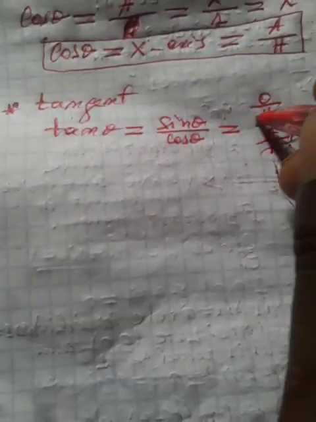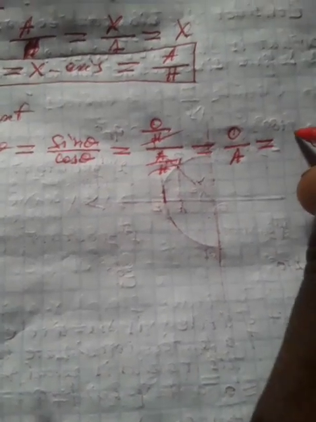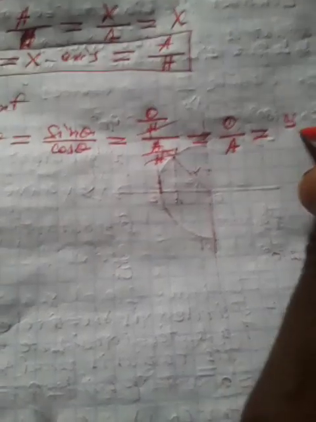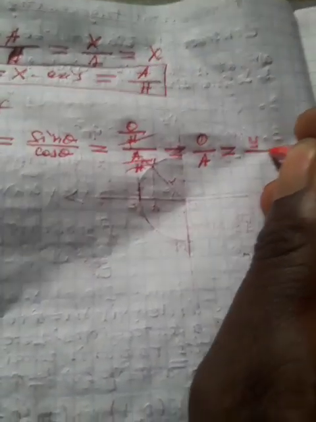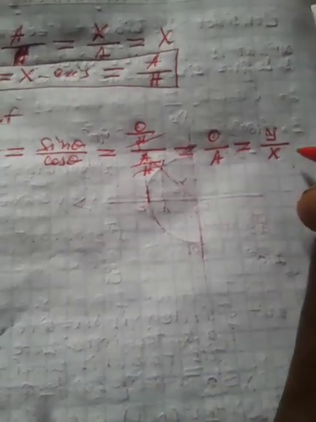Simplifying, it is equal to opposite over adjacent. The opposite side is equal to y and the adjacent side is equal to x.